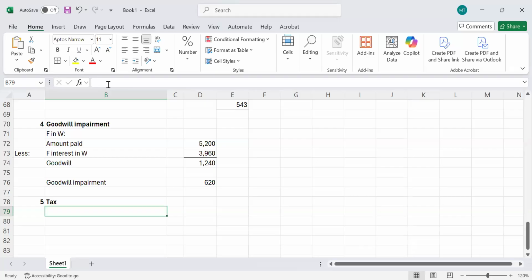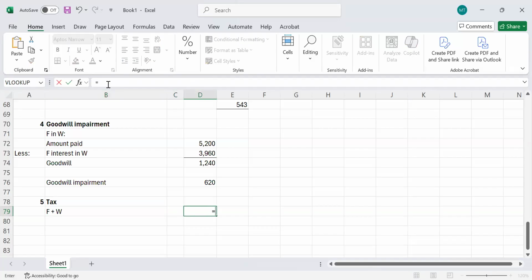So we will show the parent plus the subsidiary, Wood, two figures together. Look carefully. So we have 1220 for the parent tax figure, and then we have Wood, 614.